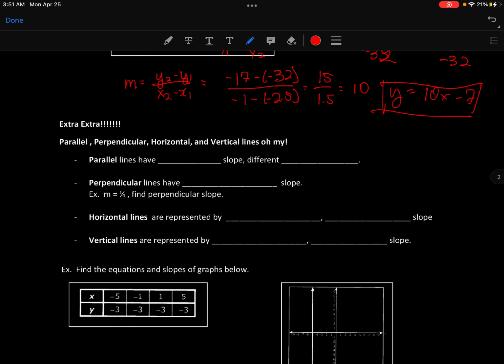Now, there's an extra thing on the STAR test that you must remember. Parallel lines have the same slope, but different y-intercepts. Perpendicular lines have negative reciprocal slope.